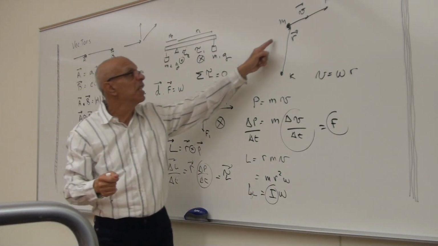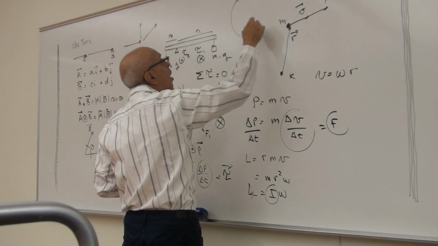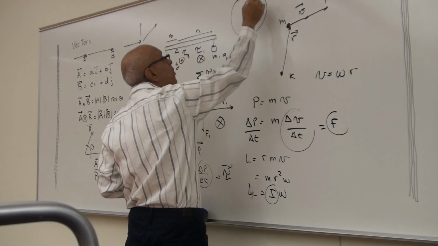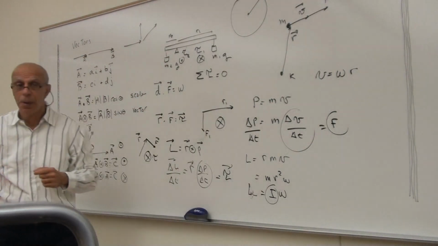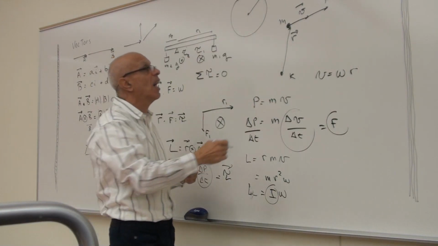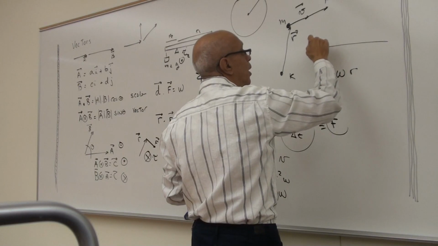Remember, I gave an example of a circular motion, like the Earth or the Moon going around the Earth. And I also gave the example of a projectile motion.